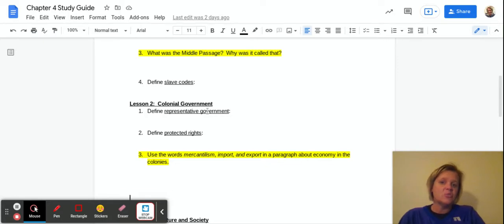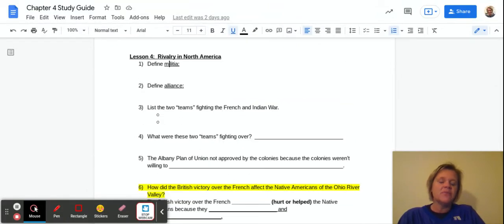All these answers will be found in that part of the textbook. But in classwork, you can also go to Chapter 4, Lesson 2, Colonial Government, and use your daily work. The first two questions on your daily assignment, you would be able to copy and paste right in there. All right, so you're going to just continue on with Lesson 3.